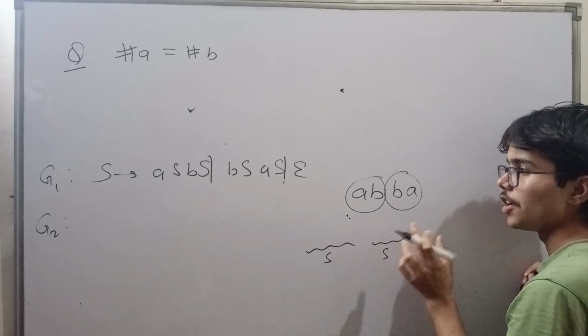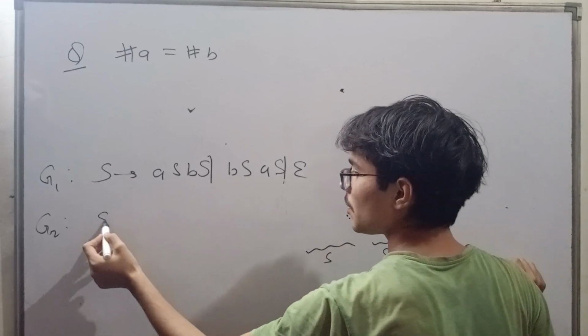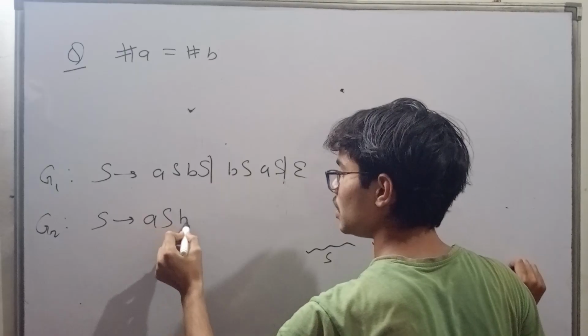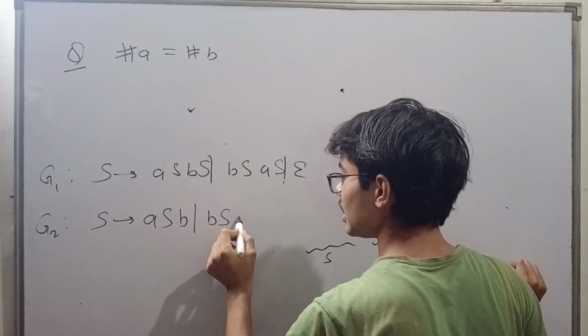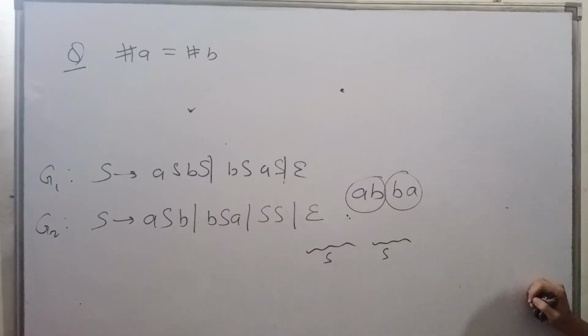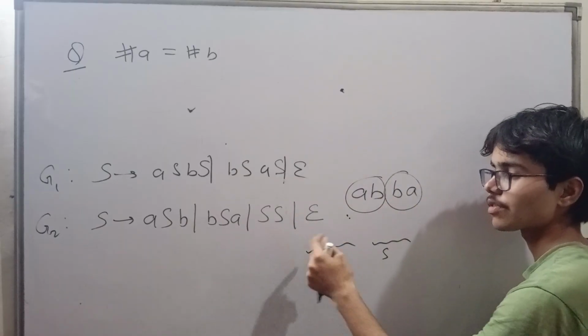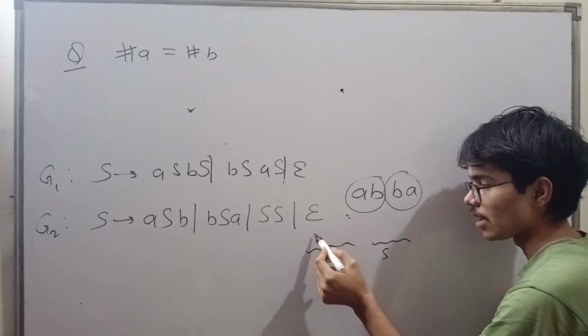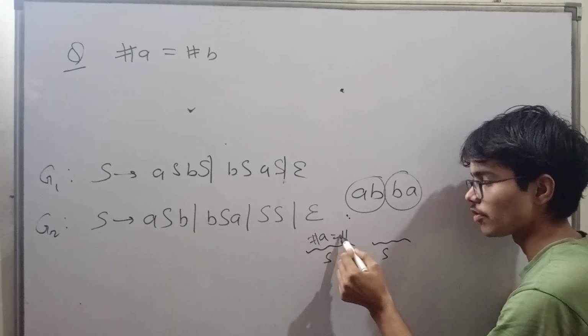So the second grammar you can write like S as A S B S, S as B S A S, and S as epsilon. How does this work? Why is S there? The number of A's is equal to the number of B's here also.